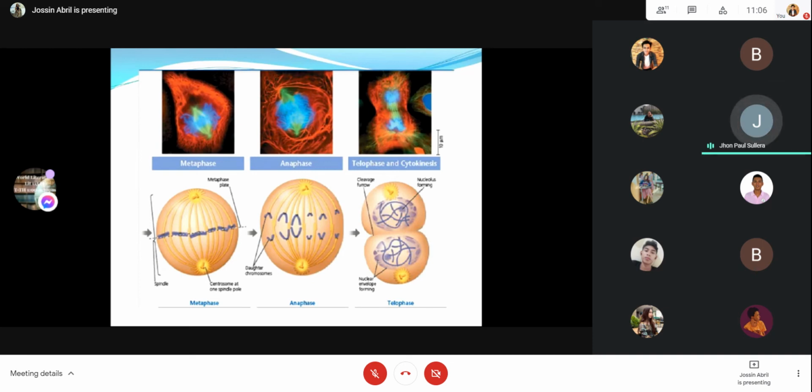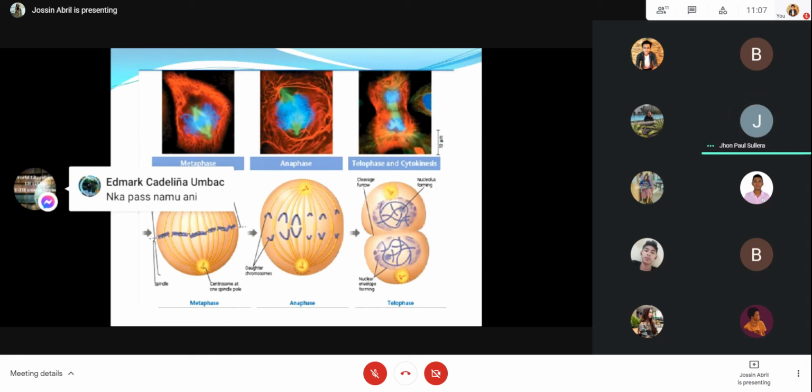The microtubules, ma'am, from both poles of the mitotic spindle. What about the microtubules from both poles? They have a specific length.